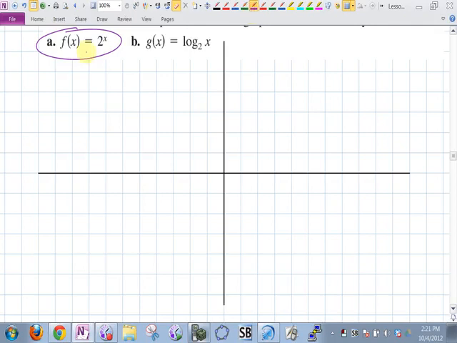So to graph 2 to the x, we got the point 0, 1. And then we got the point 1, 2. Horizontal asymptote to the left.